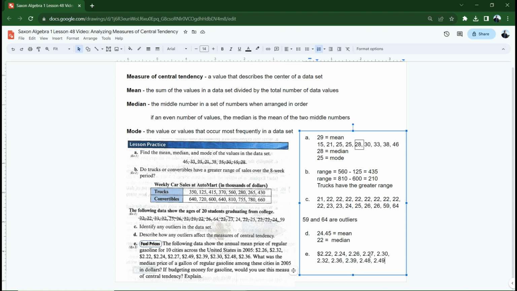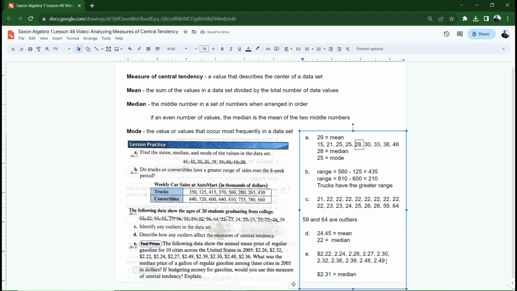So I have two middle numbers, 230 and 232, because there are 10 total data points. The median is going to be the mean of those two middles. So halfway between 230 and 232 is $2.31. So I'm just going to write $2.31 as my median.